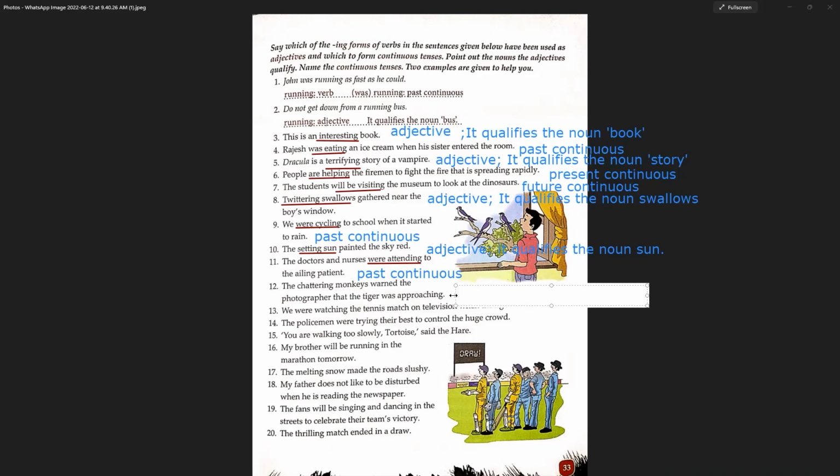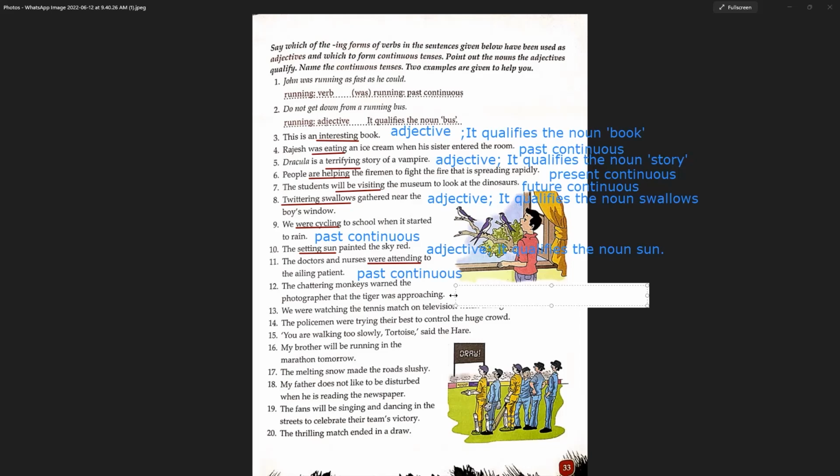The chattering monkeys warned the photographer that the tiger was approaching. Okita, listen. The chattering monkeys, right? Which monkeys? Chattering monkeys. What is chattering? Noisy. Yes, noisy.